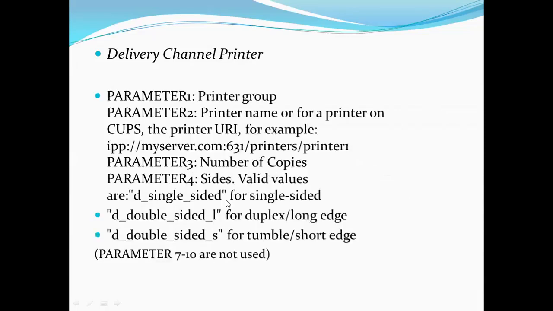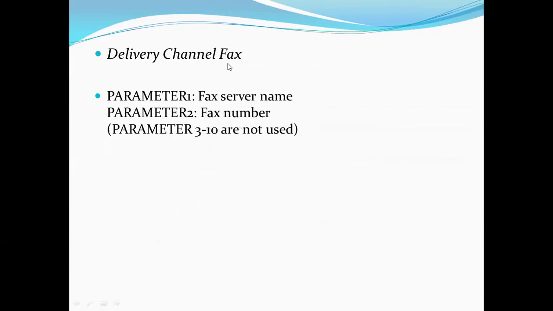Okay. When you use the printer delivery channel, parameters 1 to 4 come into the picture. 1 is the printer group, 2 is the printer name, 3 is how many copies you want to take, and 4 holds the valid values like single side or double side, and parameters 7 to 10 are not used. In the same way, for the fax delivery channel, parameter 1 is the fax server name and 2 is the fax number.